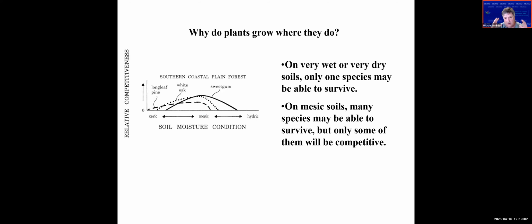On those really nice, rich, moist sites, longleaf could grow there if it was tended to. You could have it survive and grow, and it actually would grow better there than on a dry site. But when it's growing in competition with other species that can also grow there, in this case white oak and sweet gum, it gets outcompeted. So when we look at those mesic sites, we don't think of them as a place where longleaf could grow.